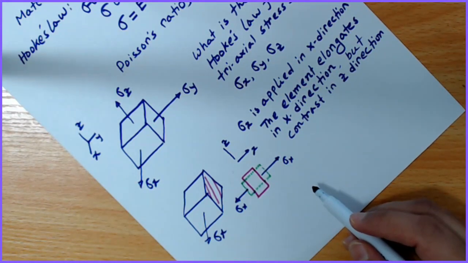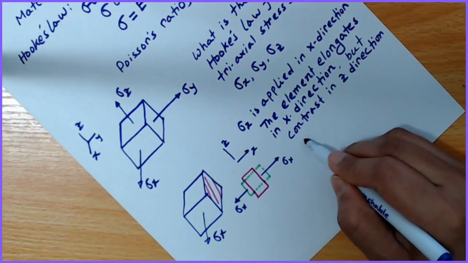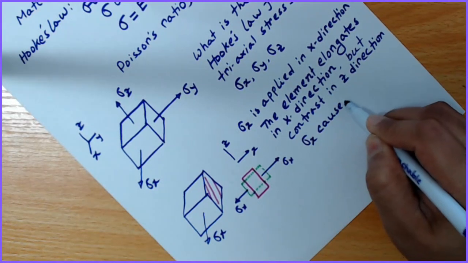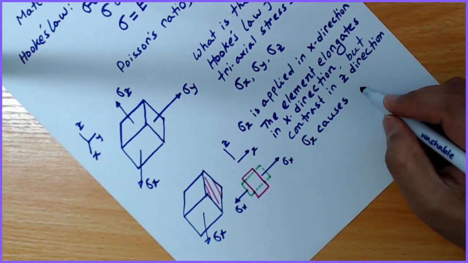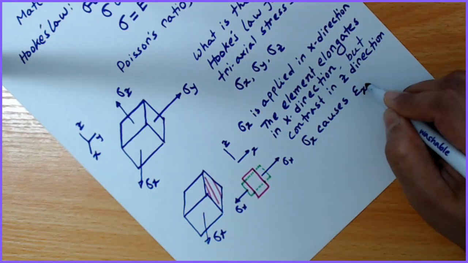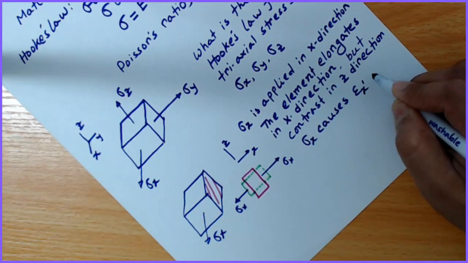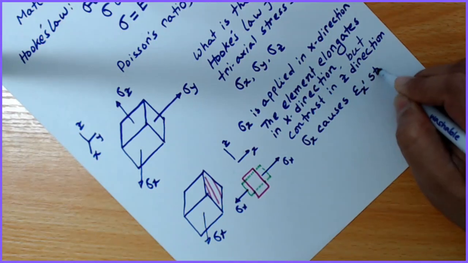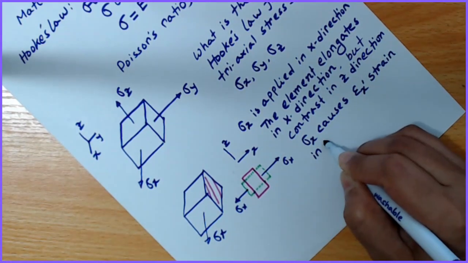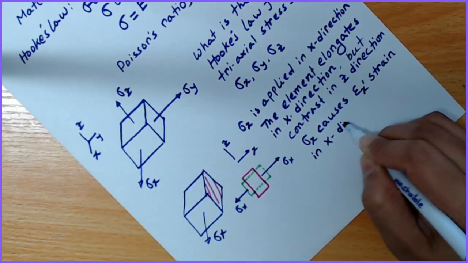Now we can say sigma x causes epsilon x prime strain in x direction.